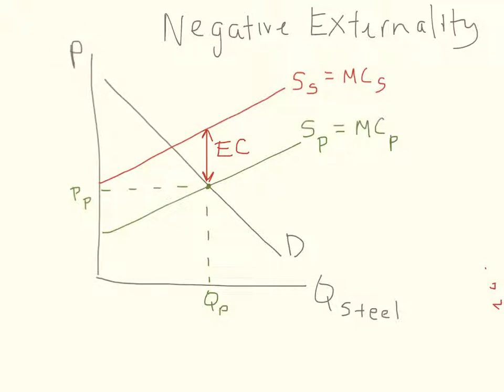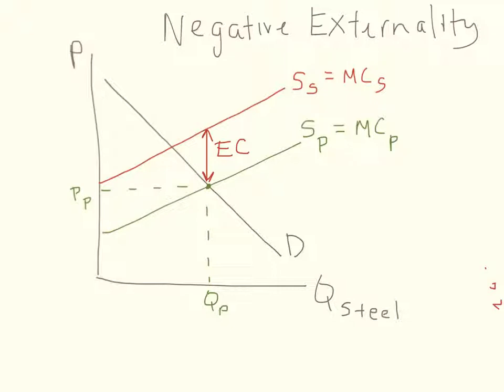So I'm going to have a simple case here where that per unit pollution cost is the same no matter what level of quantity we're at, okay? So this just shifts the private supply curve up by exactly the amount of EC. If you can see that, that's just a parallel shift up.